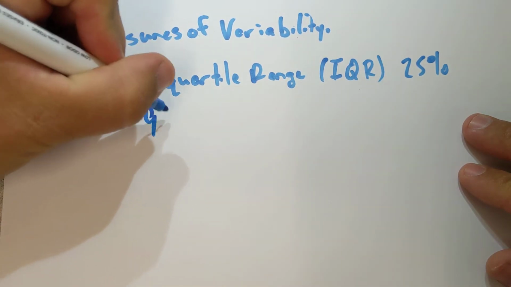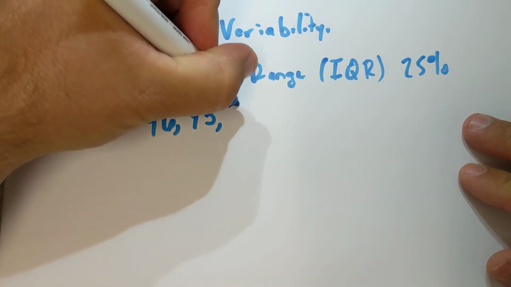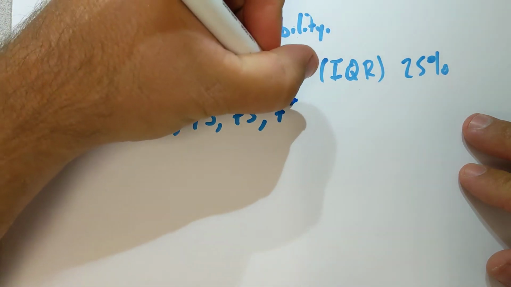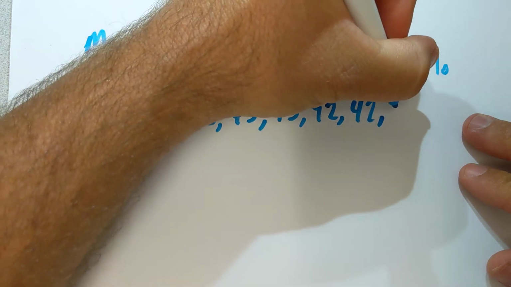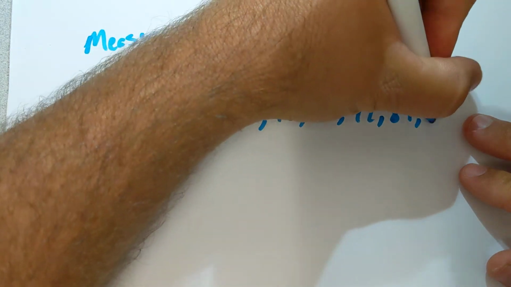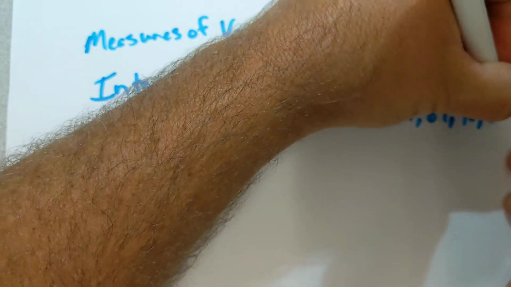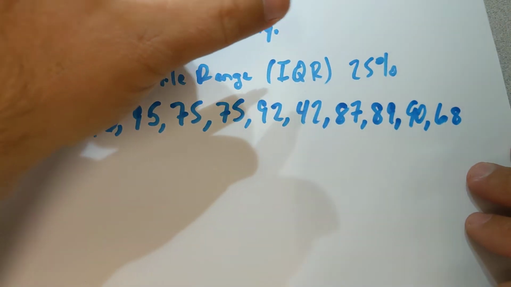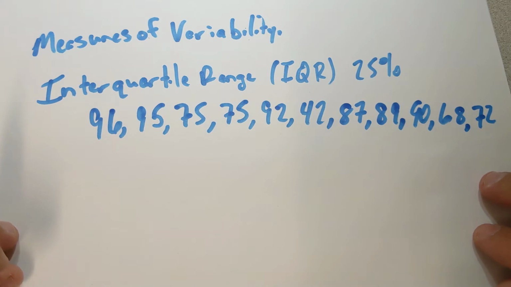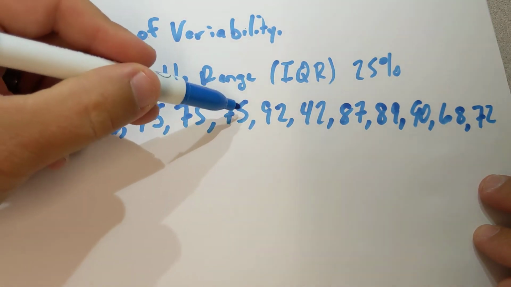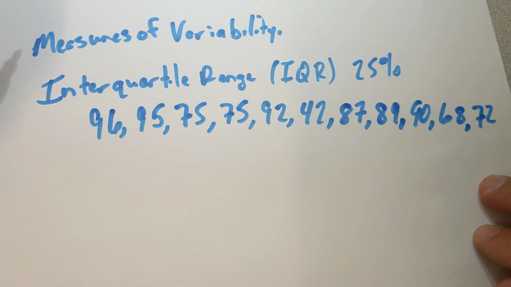So, here are the quiz scores from last week: 89, 90, 68, and 72. Okay. Now, 1, 2, 3, 4, 5, 6, 7, 8, 9, 10, 11. So we have 11 scores from last week.